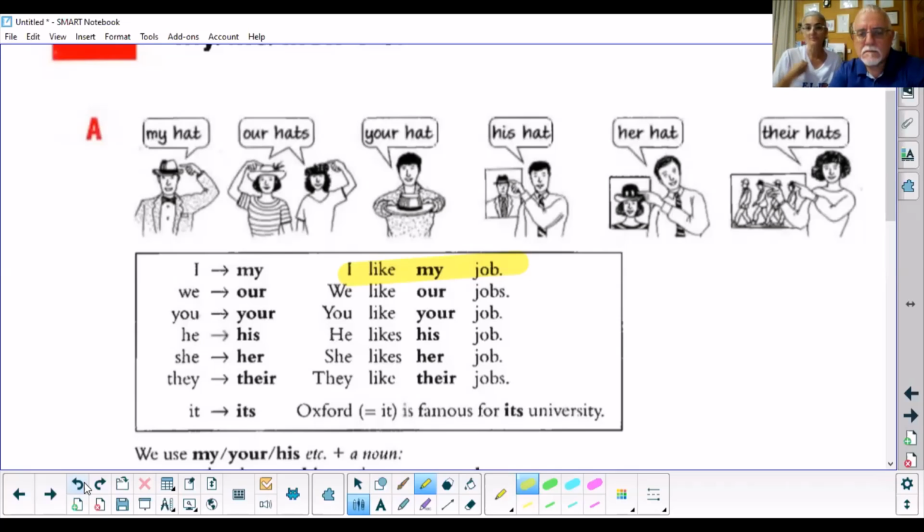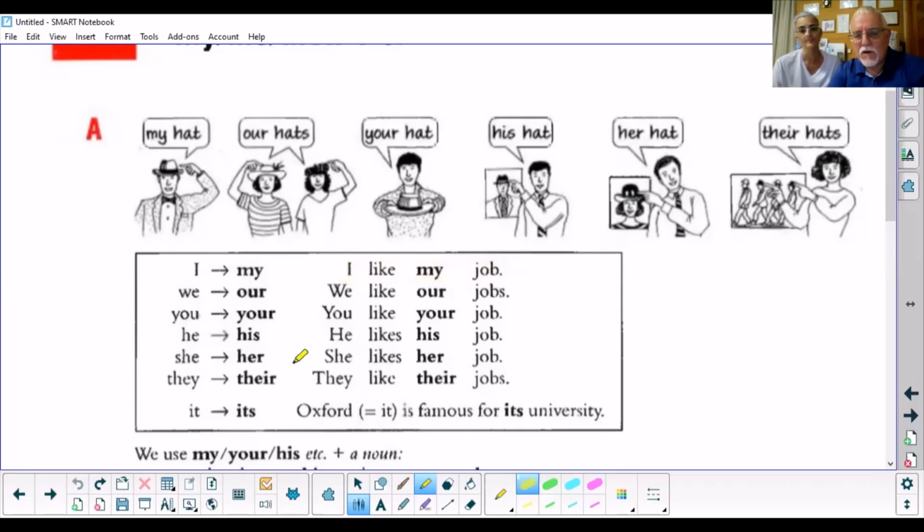Meu trabalho, nosso trabalho, seu trabalho, o trabalho dele, o trabalho dela, o trabalho deles. Então, é a posse desse objeto. Ou seja, sempre vem antes do substantivo.